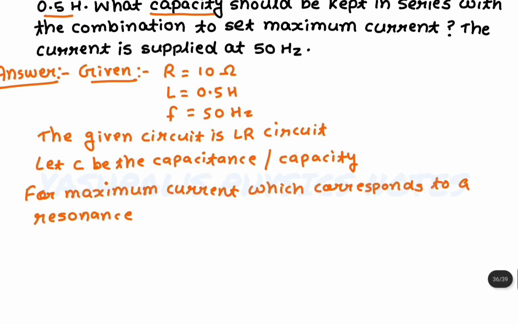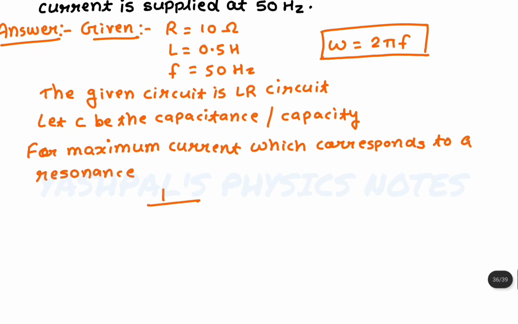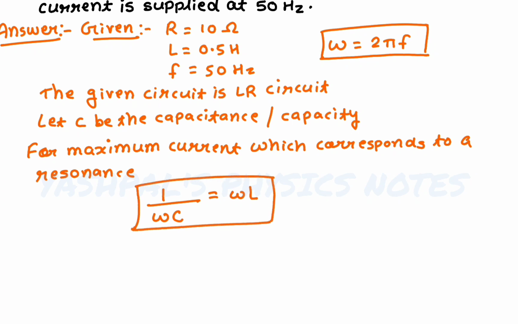So here I am writing omega as 2 pi f. Whenever the value is given in terms of f, always write omega is equal to 2 pi f, because generally our formula includes this value omega, that is angular frequency. For maximum current, which corresponds to a resonance, we have the formula 1 upon omega C equals omega L. You can see that this formula correlates the capacitance value with the inductance value.